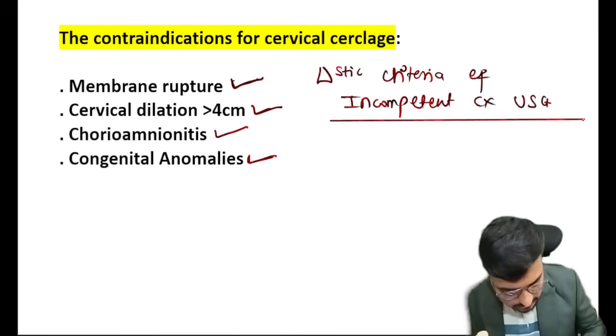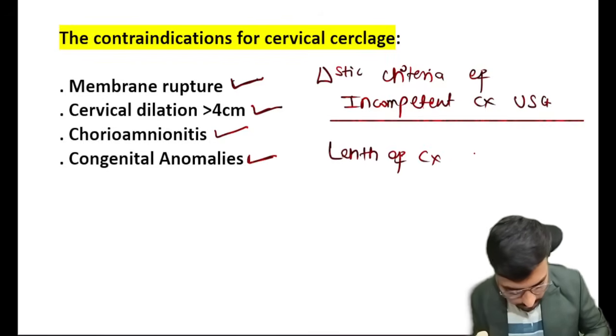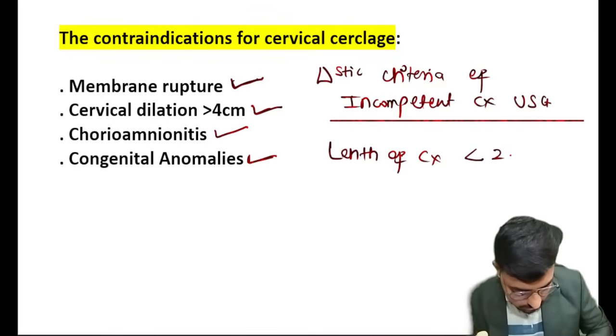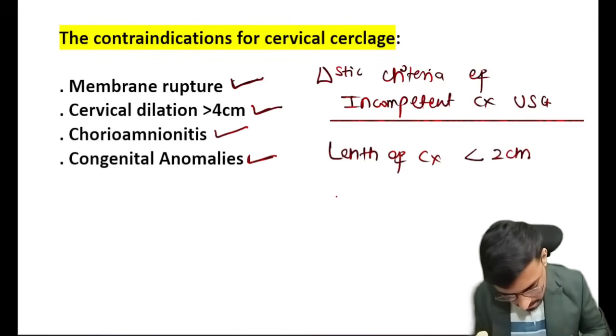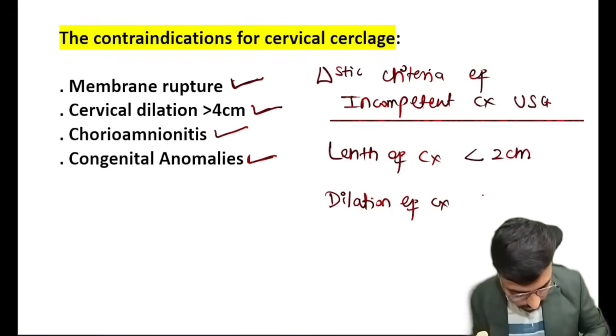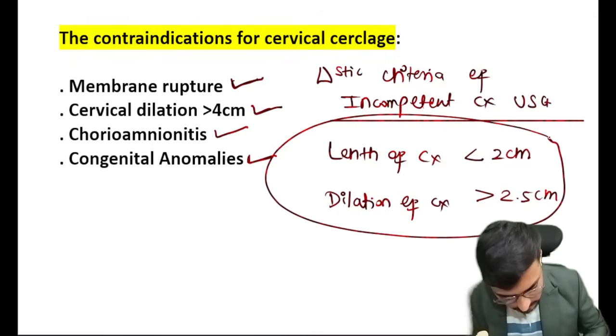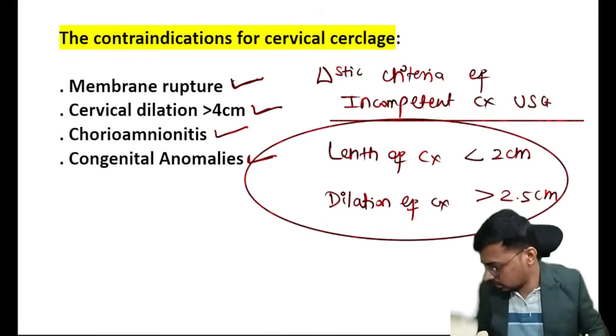Remember, if the length of the cervix is less than 2 centimeter and the dilation of the cervix is more than 2.5 centimeter, this particular situation we call incompetent cervix.